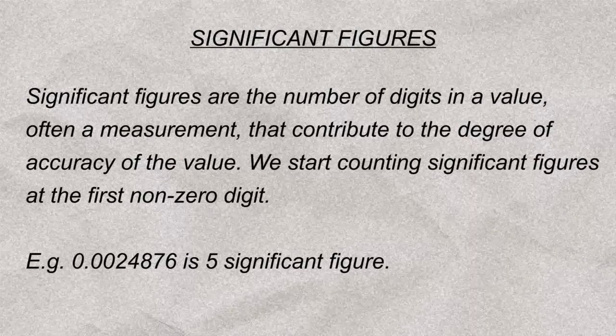Now we can say this is 5 significant figures. If you take note, you'll find out that the two zeros after the point were not included. So significant figures have to do with non-zero digits, and it's very different from decimal numbers or decimal places.